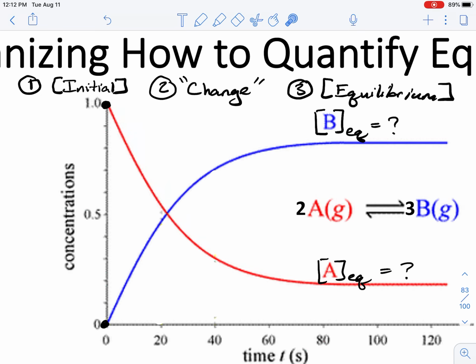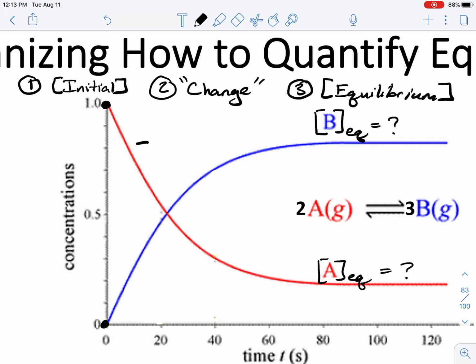Let's just say that we have an initial concentration of 1. As the chemical reaction progresses, the concentration of the reactants is going to decrease until such time the chemical system has reached a state of chemical equilibrium. Because there's a decrease in the concentration of the reactants, we're just going to simply put a minus sign.